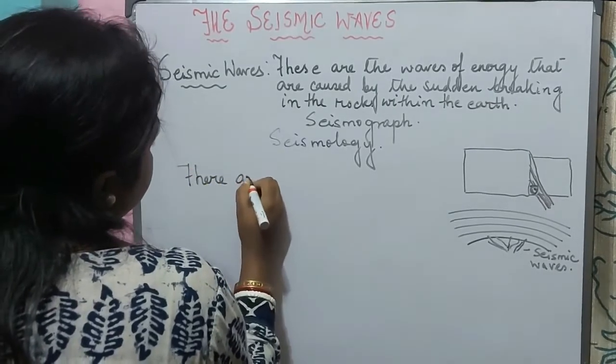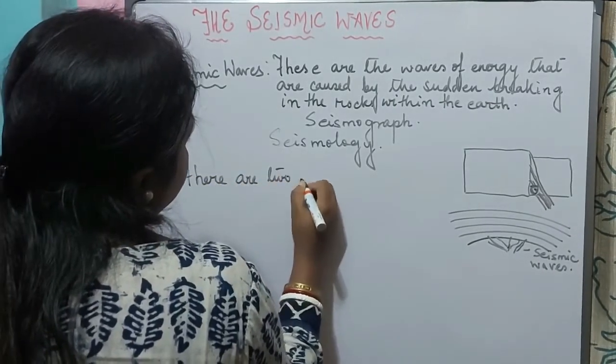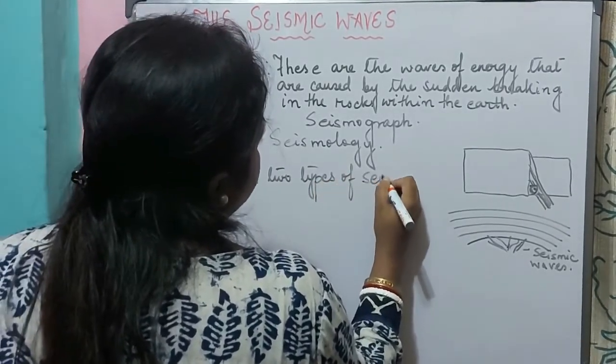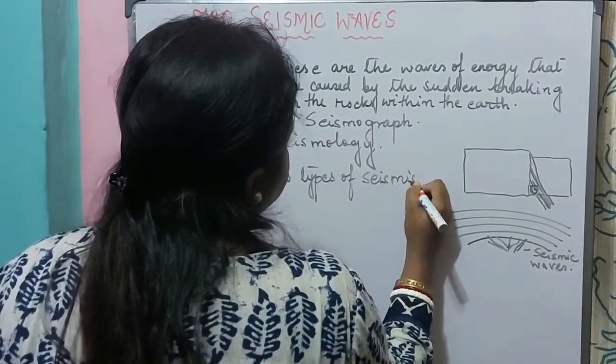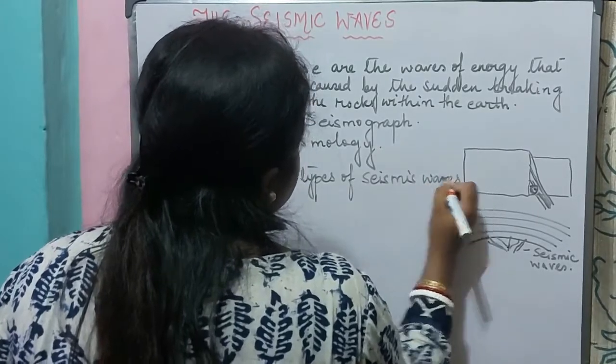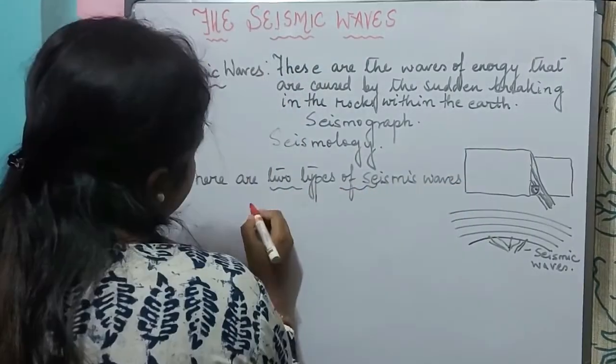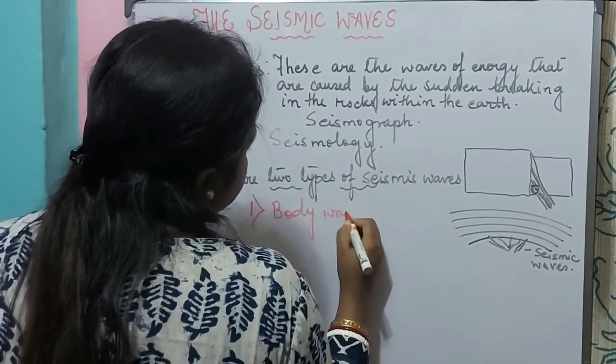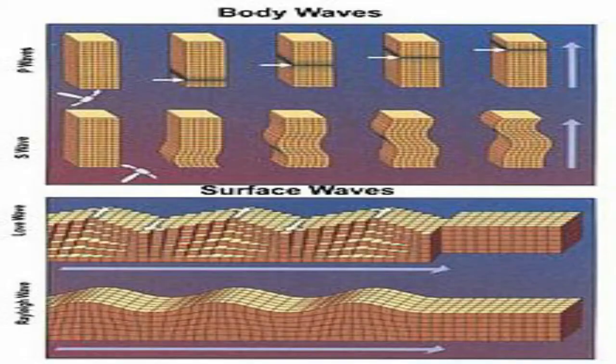There are two types of seismic waves. Number one, body waves, and number two, the surface waves.